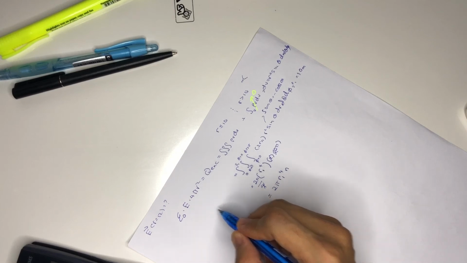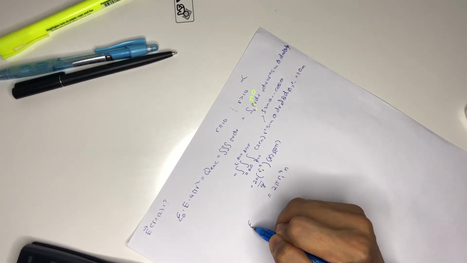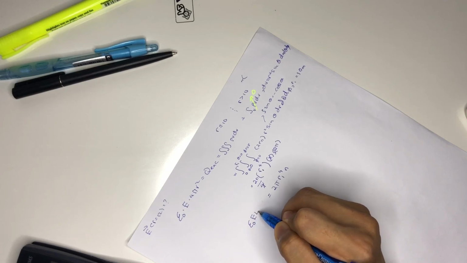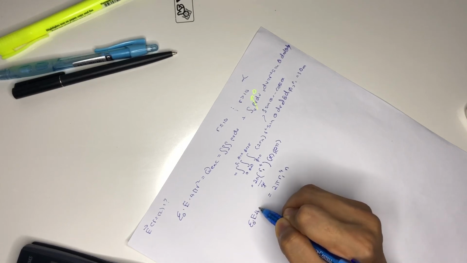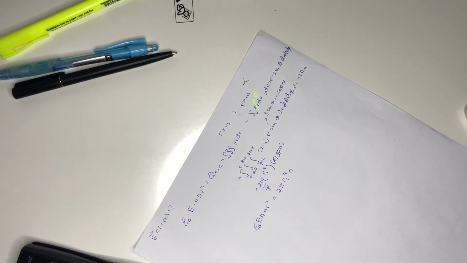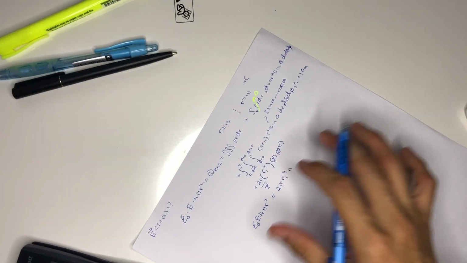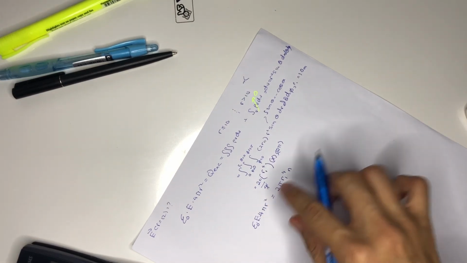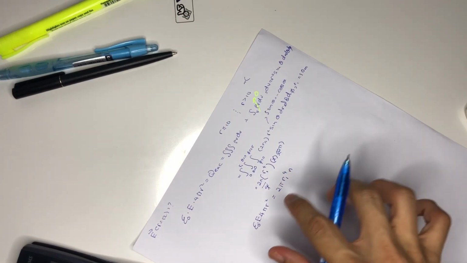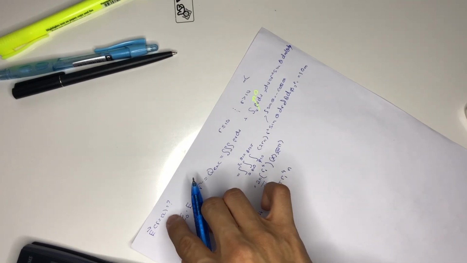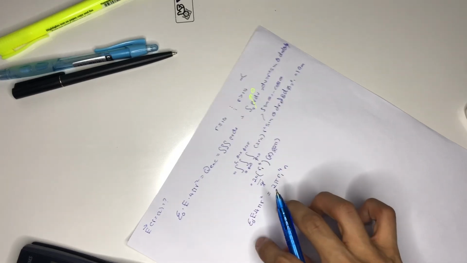Now, taking this one down, please take note that this R1 is not equal to this R. That's why I put a different notation, because this one is actually considering R equals to 12, the left side.